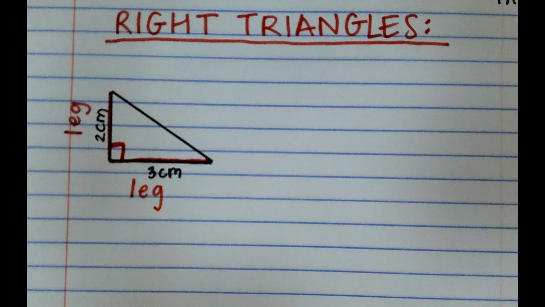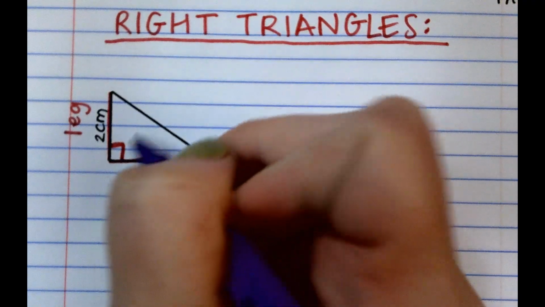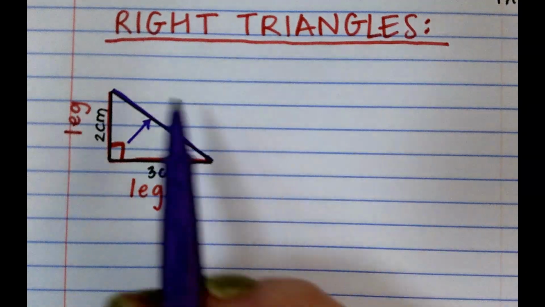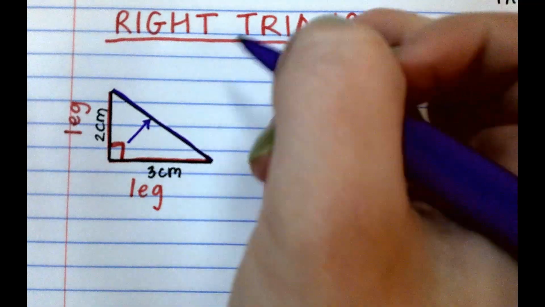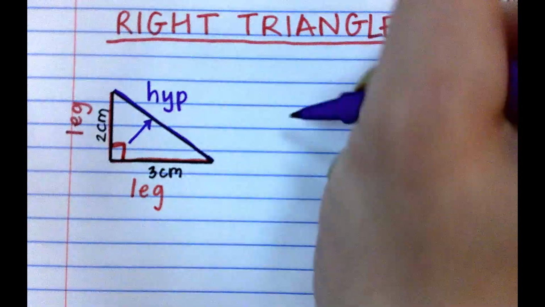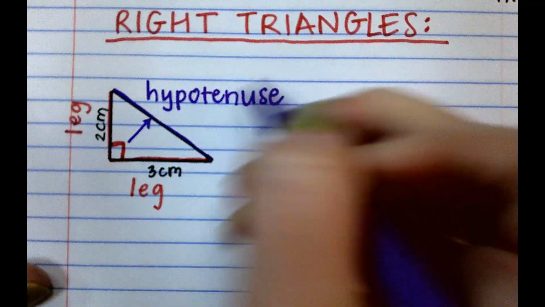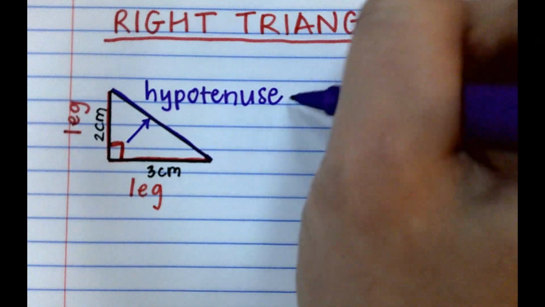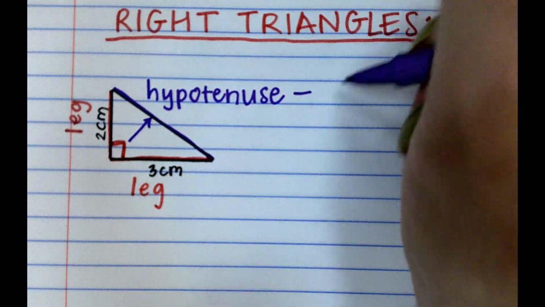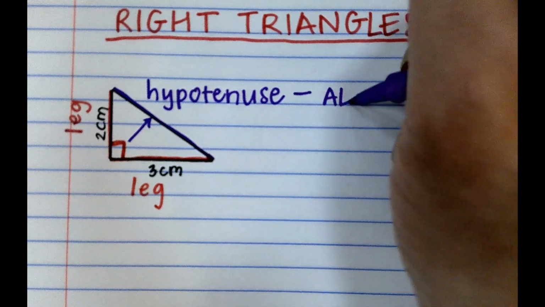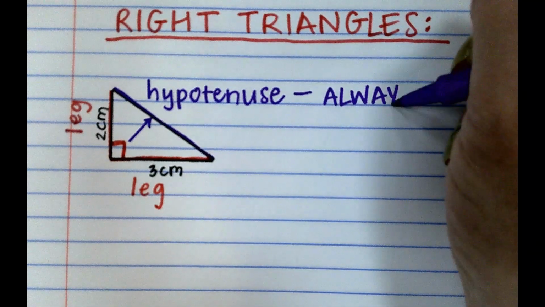And the opposite side, opposite of that 90 degrees, I'll draw a little arrow and highlight that longest side. This is called the hypotenuse. Hypotenuse. And the hypotenuse is always the longest side, every single time.